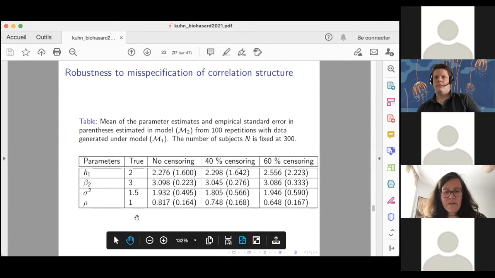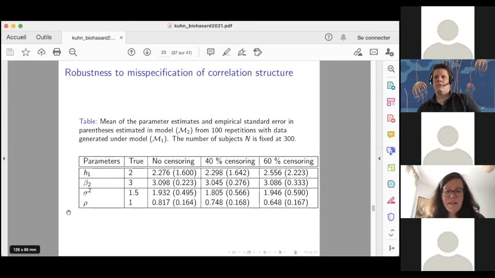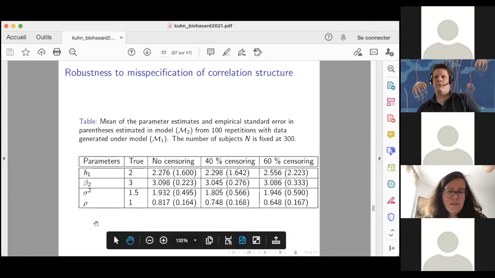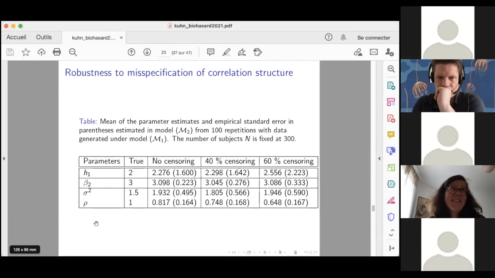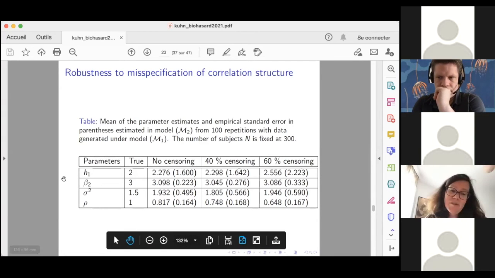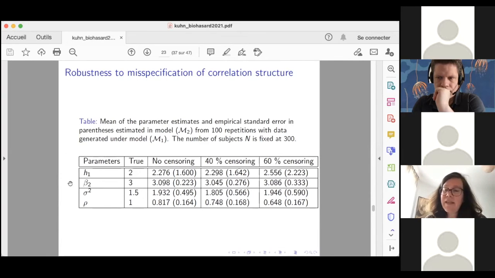And there is also a little bias in the estimation of the correlation structure, which is indeed modified in model M2. I don't know what we can expect, but we play the game to see. What is good is that the regression coefficient is well estimated, also with the wrong correlation structure.